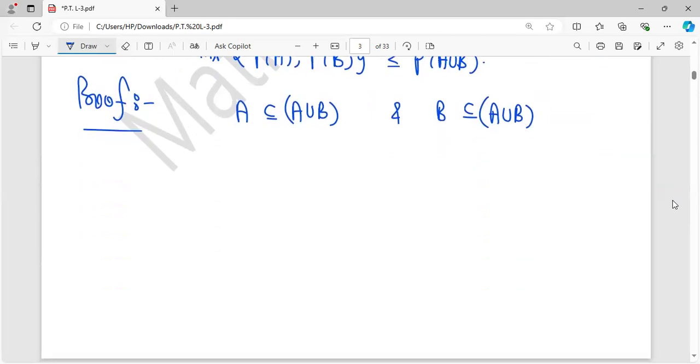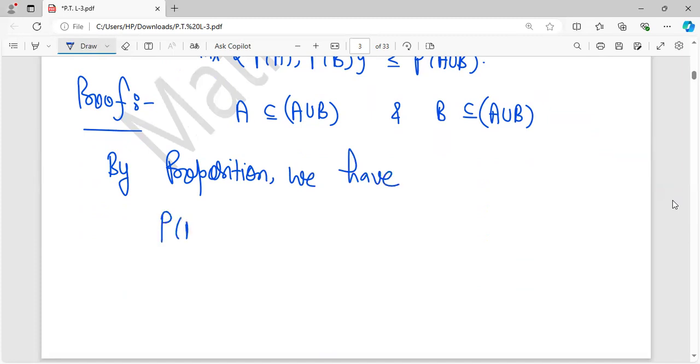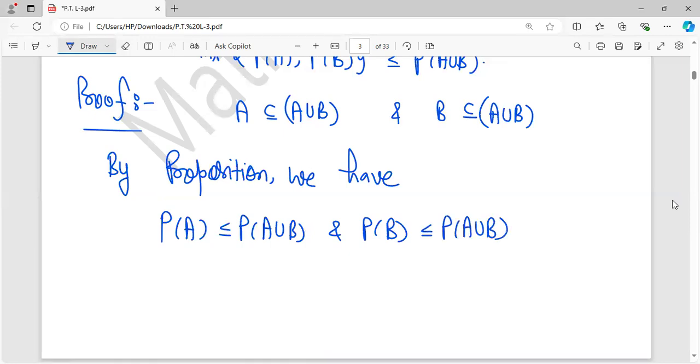So by the proposition, we have probability of A is less than or equal to probability of A union B, and probability of B is less than or equal to probability of A union B. So we have proved this part.